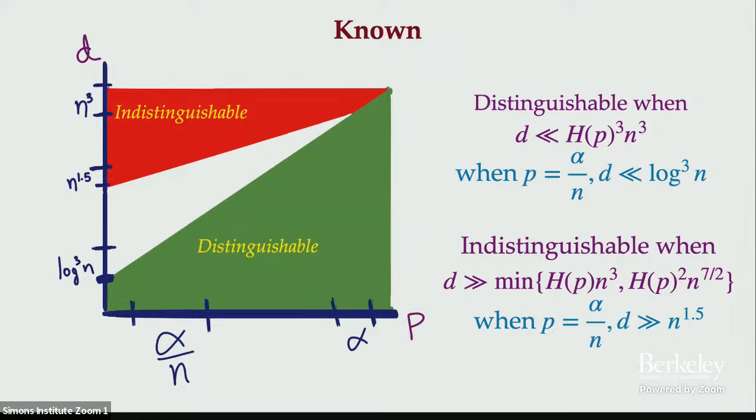When p is close to 1, I do think it's n cubed. This diagram is only accurate if p is a half. On the other side, something similar kind of happens. Oh, okay.